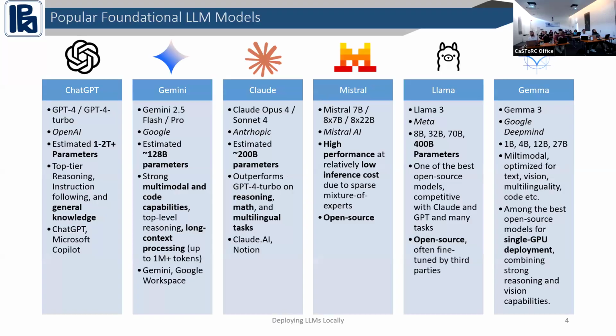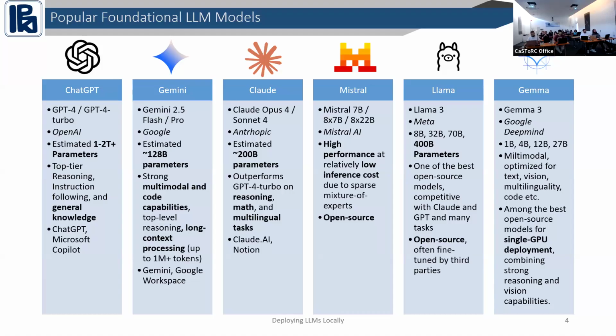They have different characteristics and different sizes. For example, ChatGPT-4 was estimated to be between 1 and 2 trillion parameters, Gemini in the order of 120 billion parameters, Claude 200, and so on.